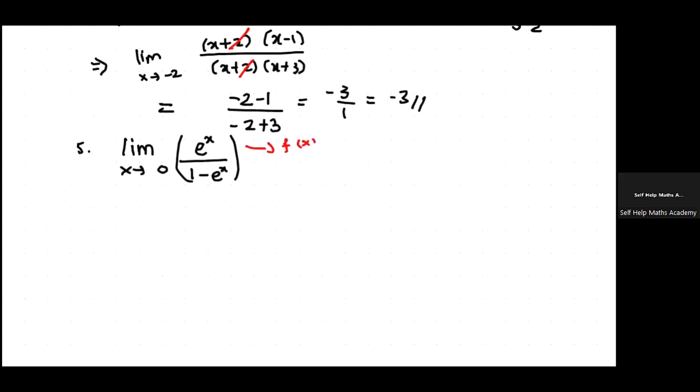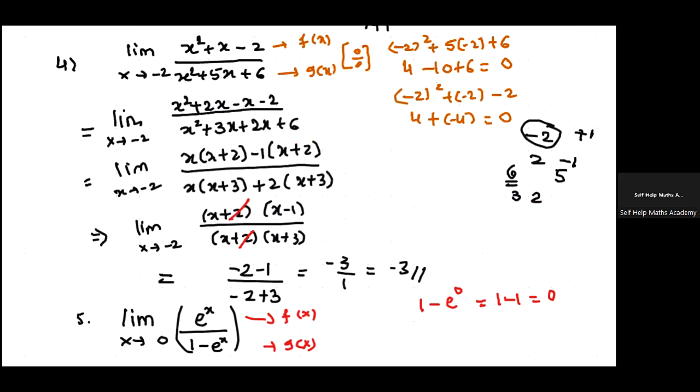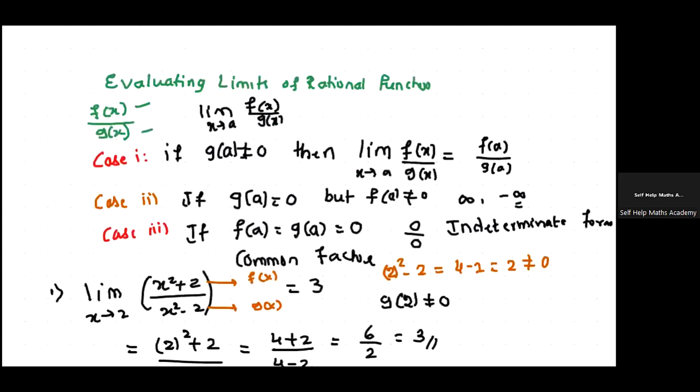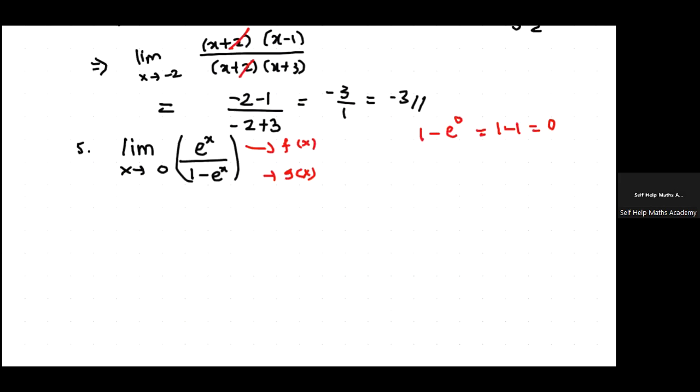Now when I substitute in the denominator, 1 minus e to the power 0, anything to the power 0 is 1. So 1 minus 1, which is equal to 0. That means your denominator is 0 and your numerator is not equal to 0. So you can see the second case. In the second case, as per the rule, it will go to either positive infinity or negative infinity as per the sign.